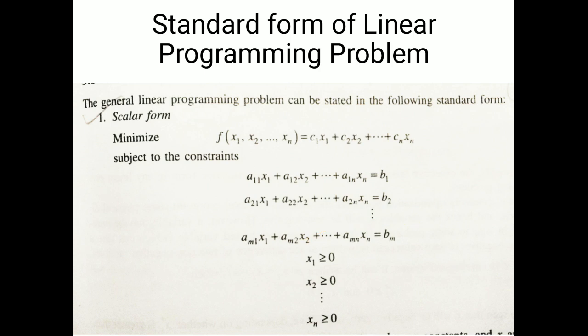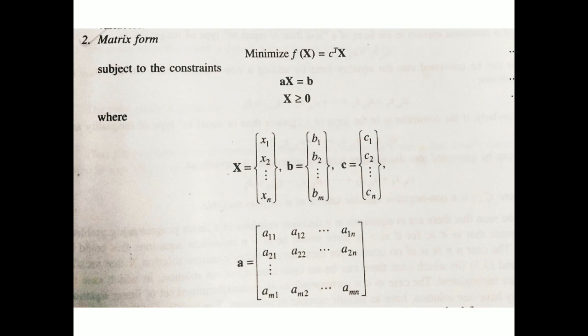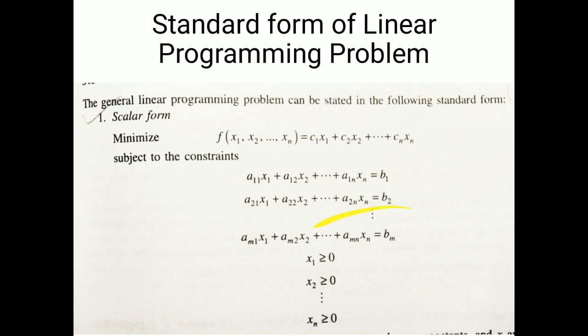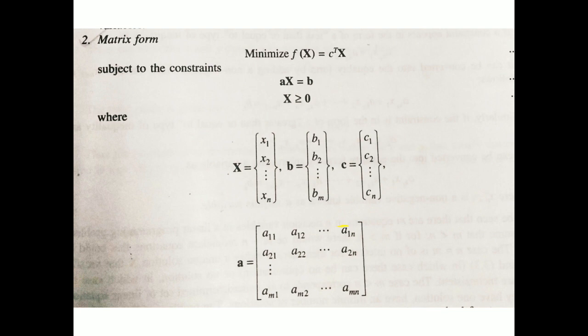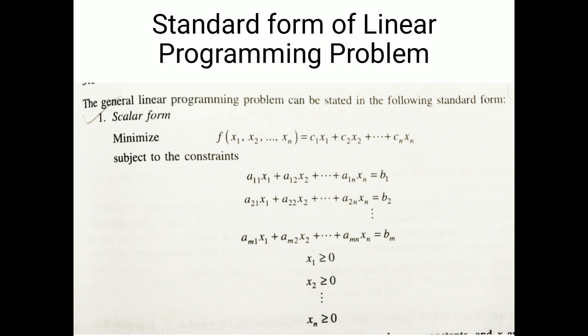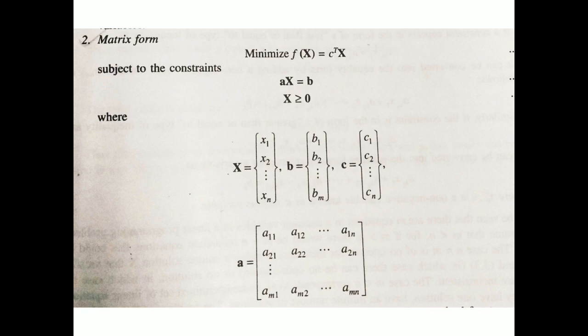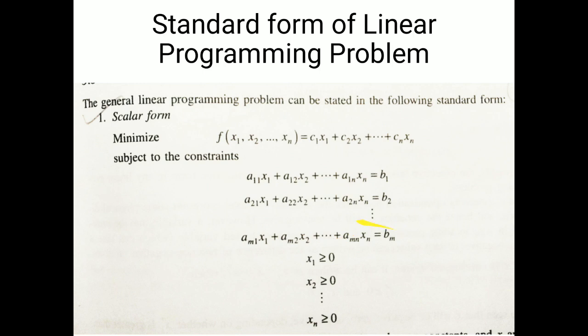Nothing, just these equations have been written in the matrix form, where x is the n-dimensional vector, b is the vector of all the constants, and c is the vector of constant values. Again A is also written in the matrix format from these equations.